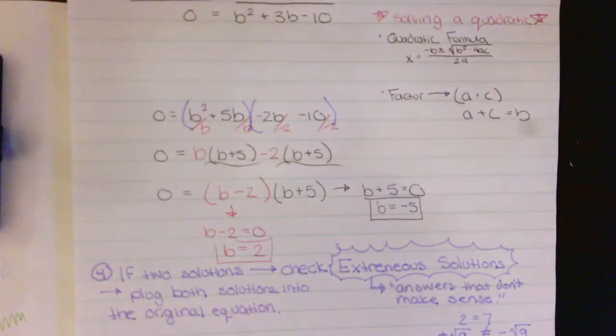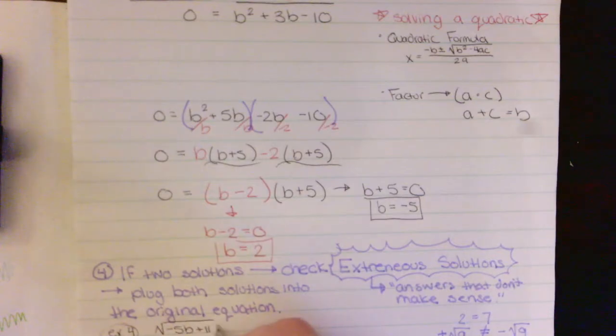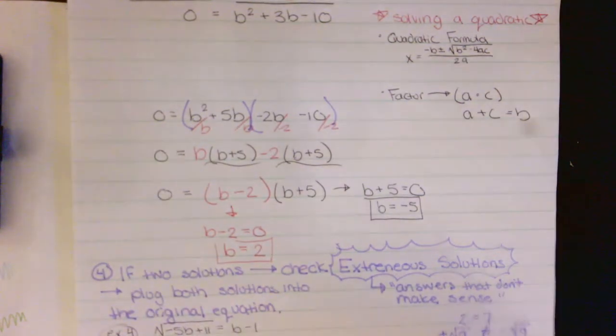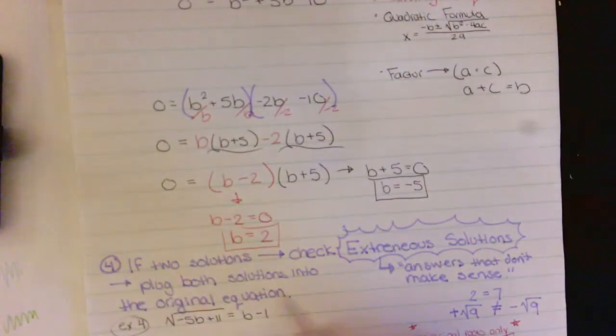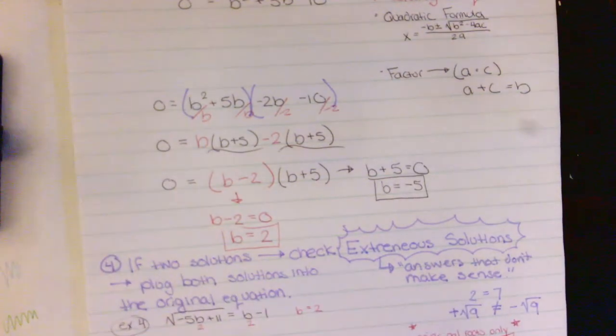Okay, so our example 4 original equation was square root of negative 5b plus 11 equals b minus 1. Okay, so let's see what happens when we plug in b equals 2. So that means I'm going to put a 2 here, and I'm going to put a 2 here.